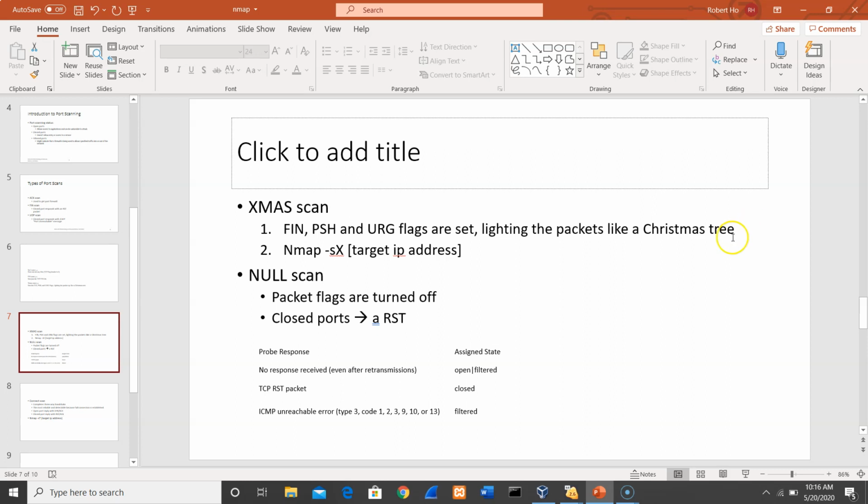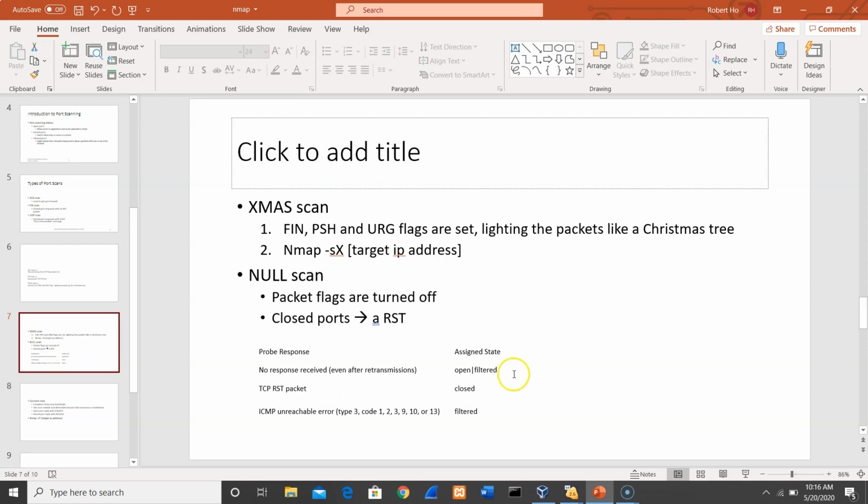So if the port is open, there will be no response. If when you run the Christmas scan, nmap -sX and the target IP address, it replies with no response, that means the scan went through.